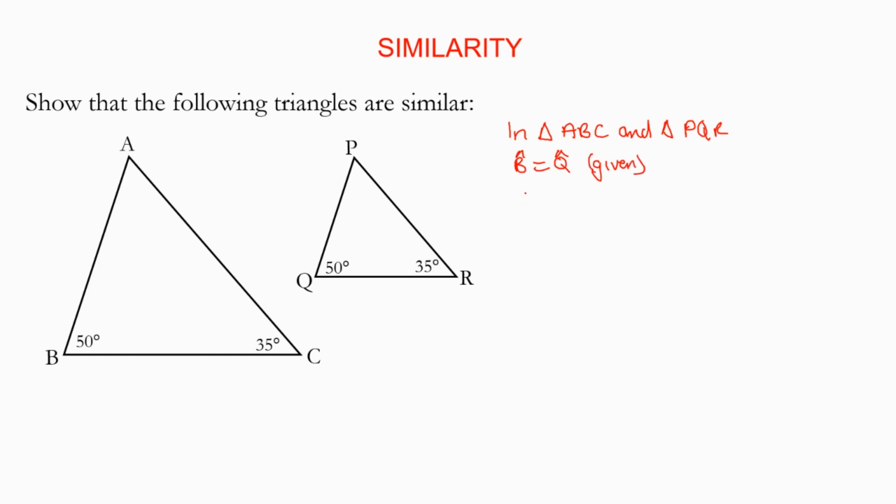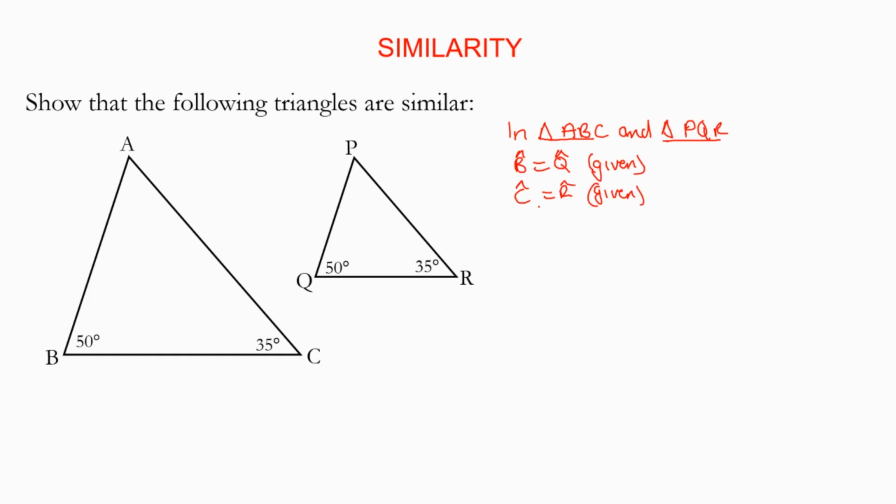And then angle C, I'm starting with the angles of triangle ABC followed by angles of triangle PQR, angle C is equal to angle R, is given.